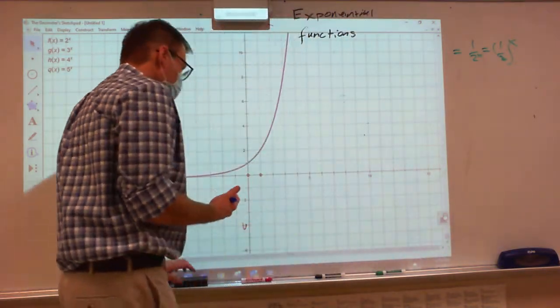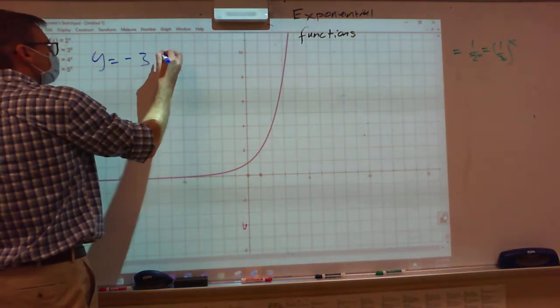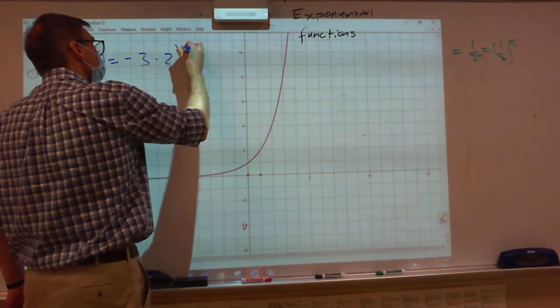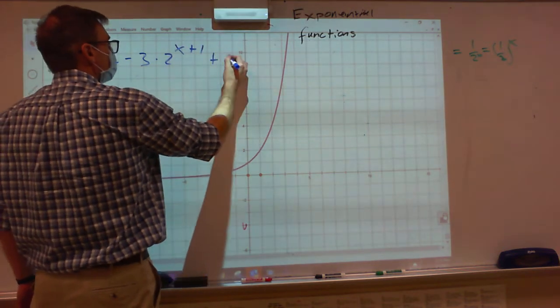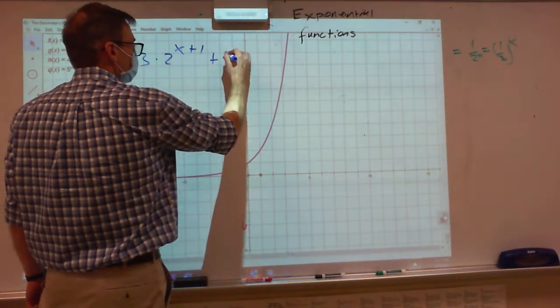So, let's do y is equal to negative 3 times 2 to the x plus 1, plus 5.